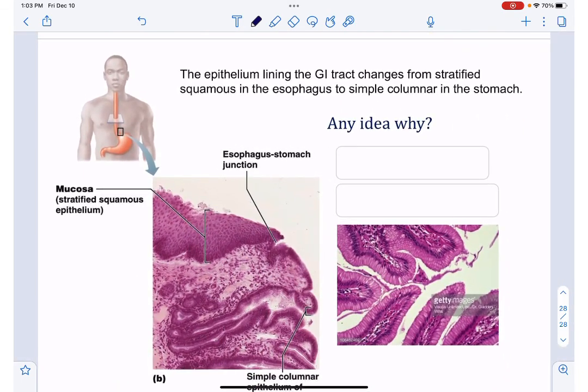Good. And then lastly, this is some interesting histology, because this shows the transition of the esophagus as we go from the esophagus to the stomach. And that's the transition right there.